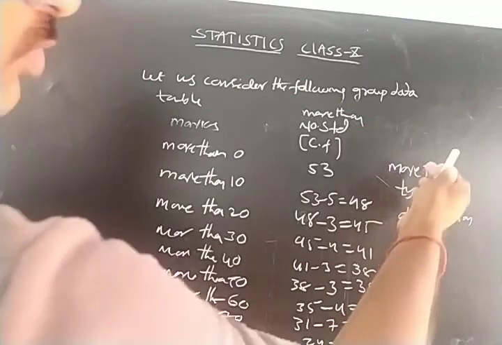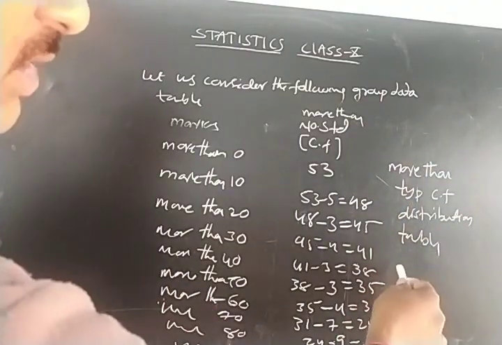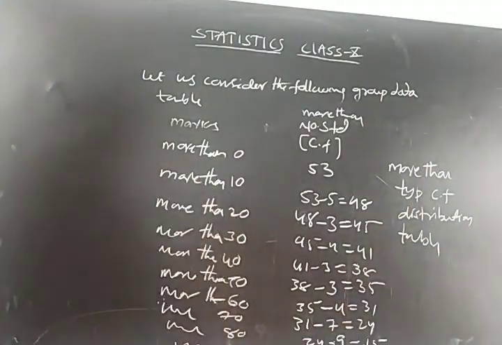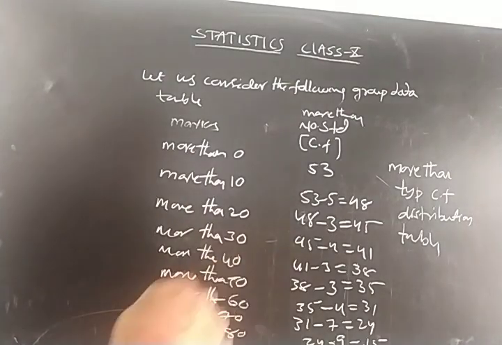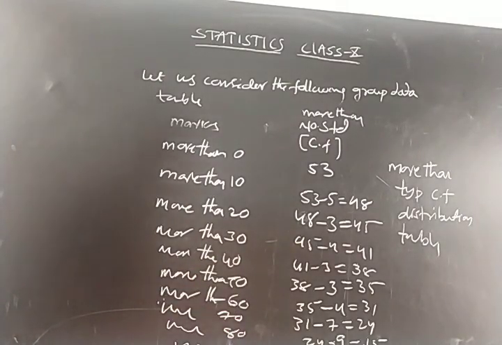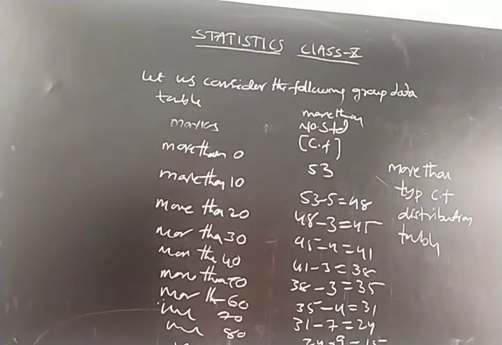With this one also you can find the median. So you can use the less than type cumulative frequency table, or the more than type cumulative distribution table, to find the median. Tomorrow we will solve a few problems on grouped data to find the median.